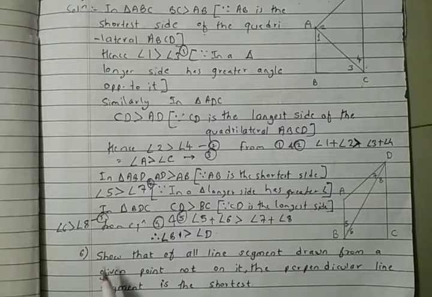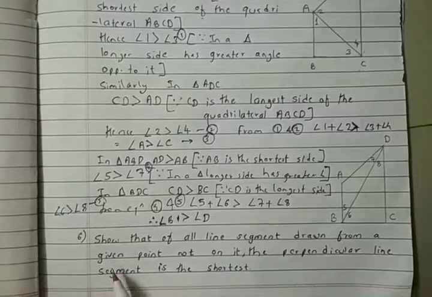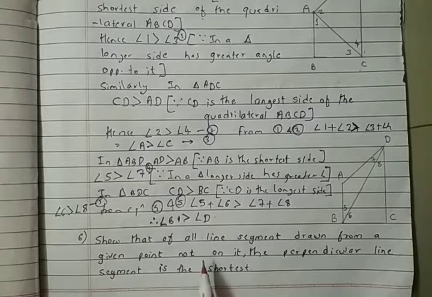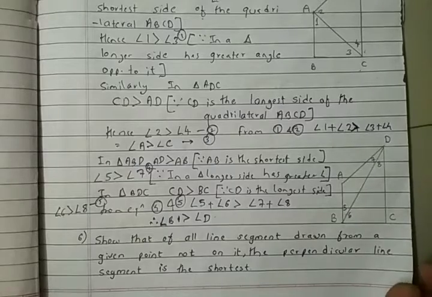Now let us solve the last sum, number 6. Show that of all line segments drawn from a given point not on it, the perpendicular line segment is the shortest. For this we will have to draw one figure. I draw it for you. Okay.